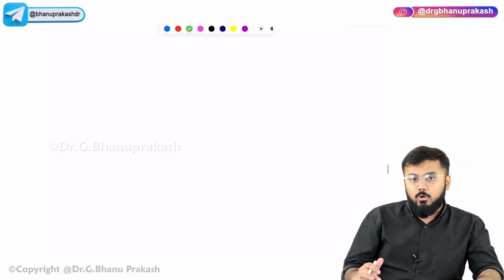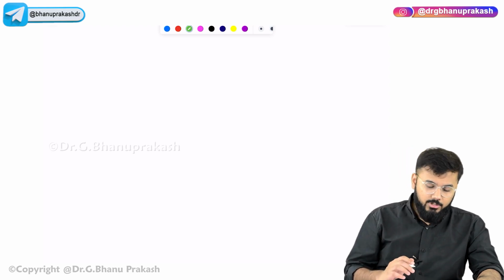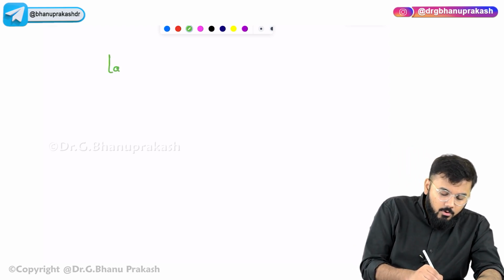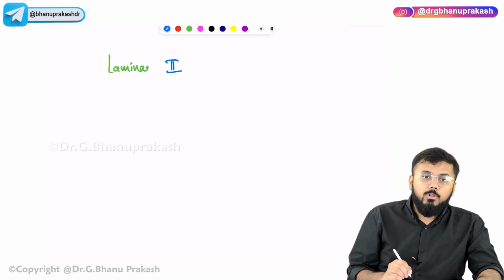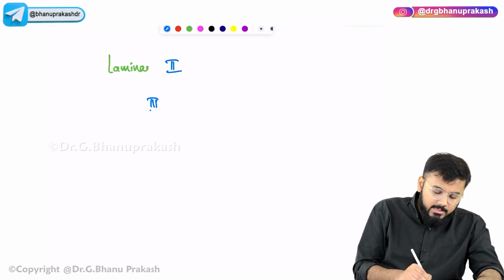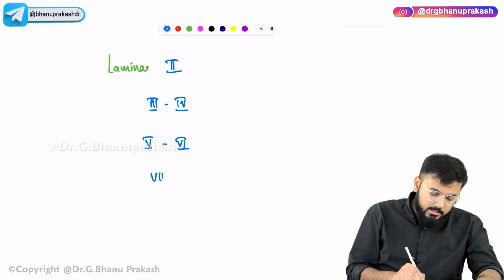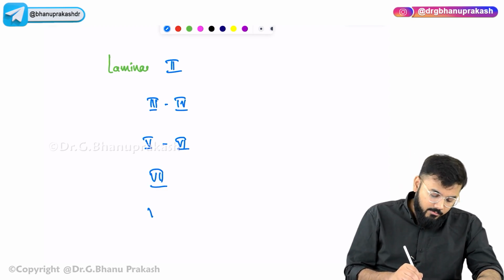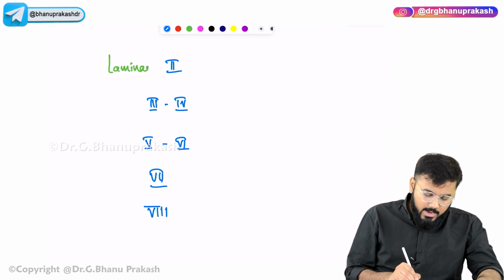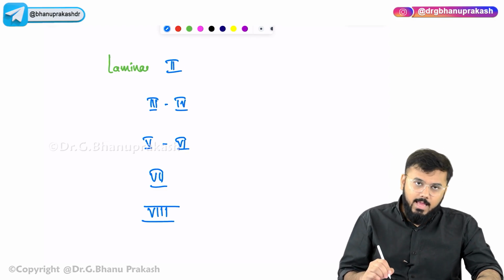So let me first write down those, and later I will show it to you in the form of a picture. We have lamina 2, laminae 3 to 4, laminae 5 to 6, lamina 7, and lamina 8.